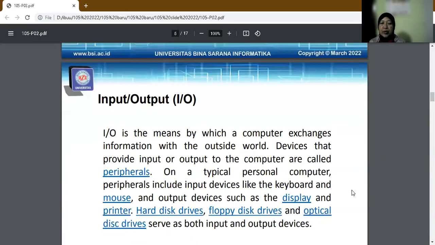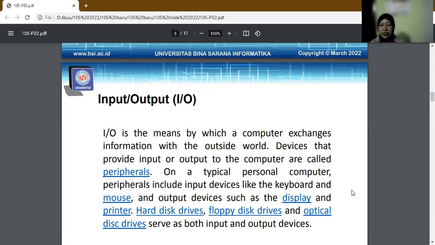Okay, and then input and output, or we can say I/O. It means a computer exchanges information with the outside world. Devices that provide input and output to the computer are called peripherals.